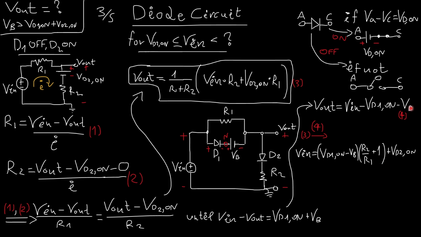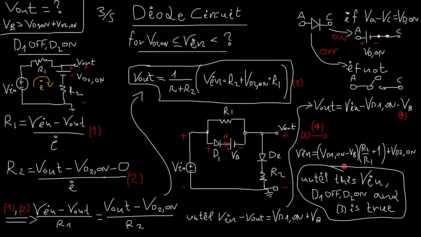I plug this value for Vout inside here and I get this result for the input voltage. Alright, obviously there is a mistake here. This is not minus, this is plus. VD1 on plus VB. Alright?